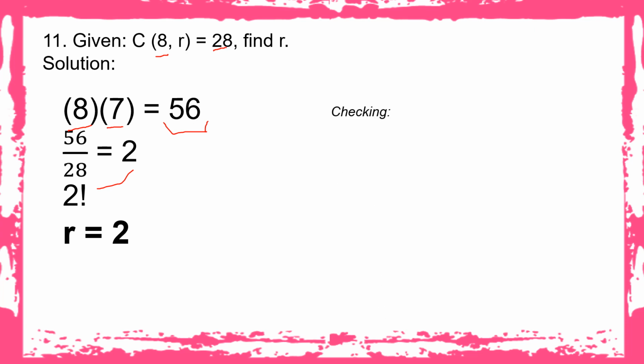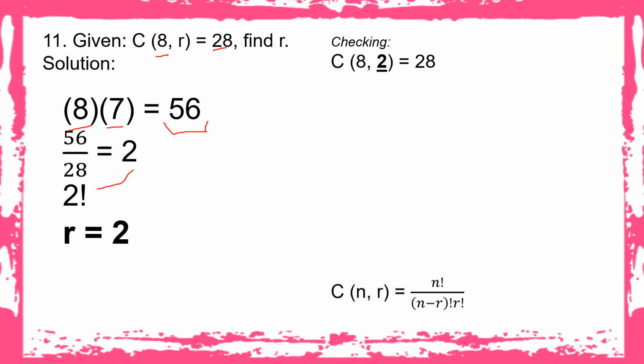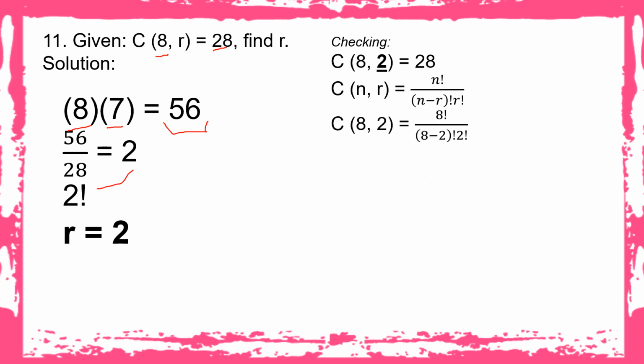Okay, and if we are going to check our answer, combination of 8 taken 2 is equal to 28. Use the combination formula, and by substitution, we have 8 factorial over 8 minus 2 factorial multiplied by 2 factorial. As you can see in our solution, in the numerator, 8 times 7 times 6 factorial over 6 factorial times 2 factorial.